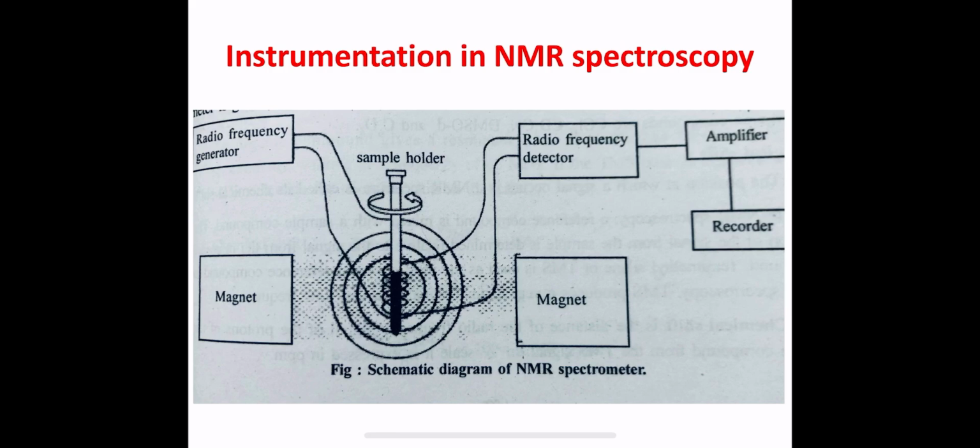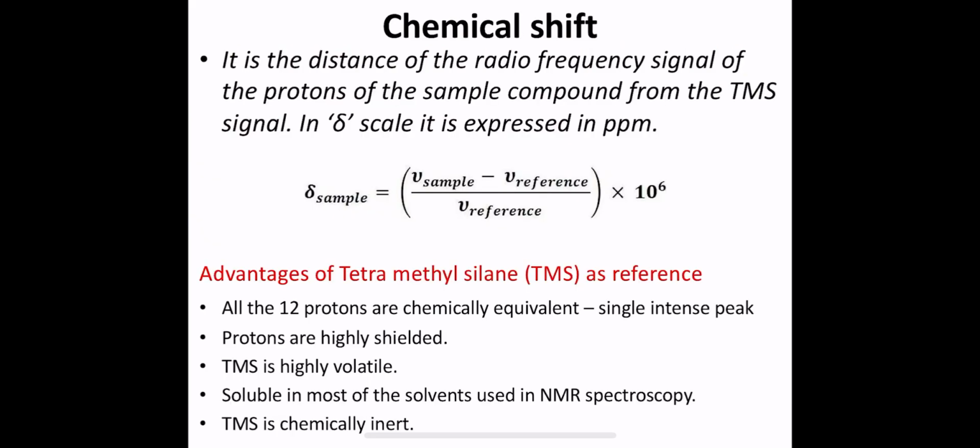And next, what are the solvents used in PMR? For PMR, the solvent preferably should not contain any protons, because the protons present in the solvent will give numerous peaks in the spectrum, and it will become very difficult for us to interpret which proton is due to which, whether it is because of our organic compound under examination, or because of the solvent.